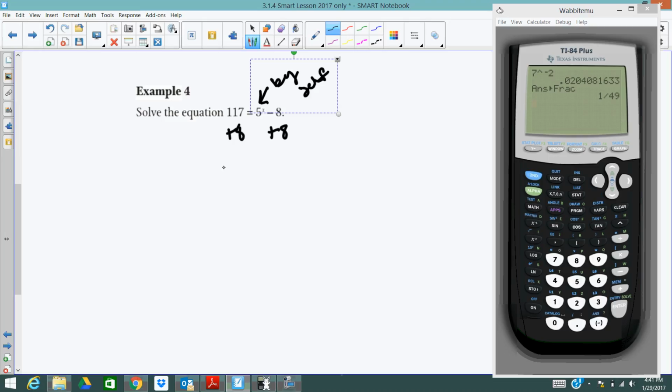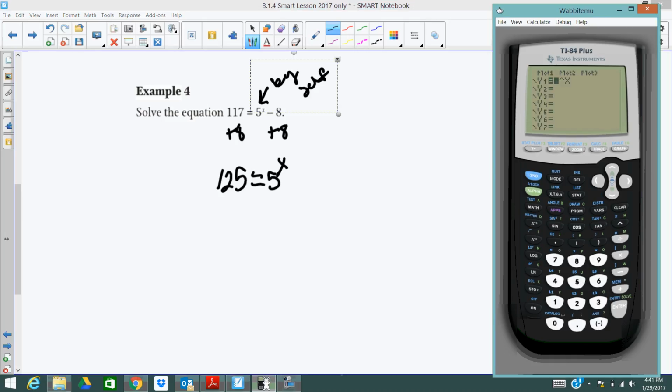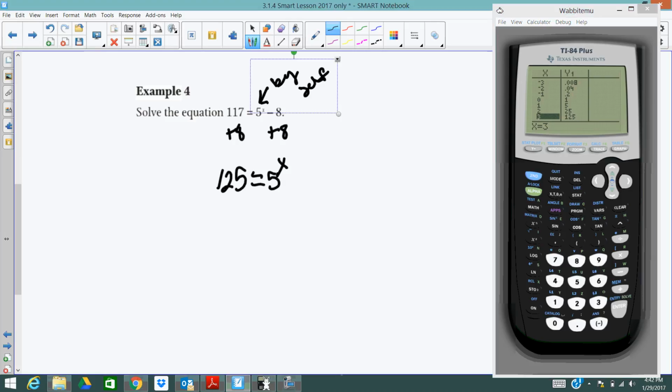So on the left side now we have 125 equals 5 to the x power. And then we go back to our y equals, y equals 5 to the x power. Let's take a look at our table. And there it is, x equals 3.